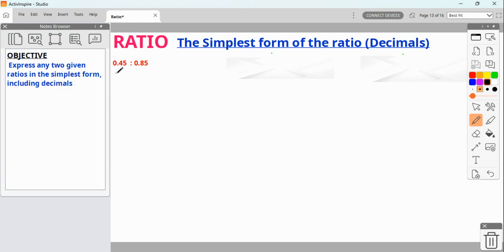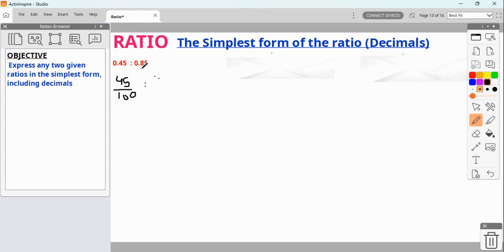If any other number is written before the point, we will not ignore it. 0.45 can be written as 45 by 100 because after the point there are two digits, 4 and 5, so when we remove the decimal point we have to divide by 100. Then ratio symbol.